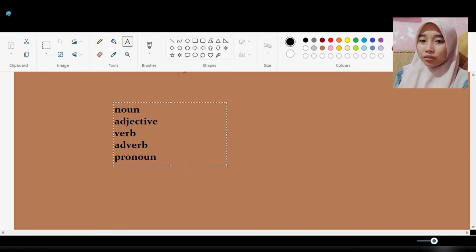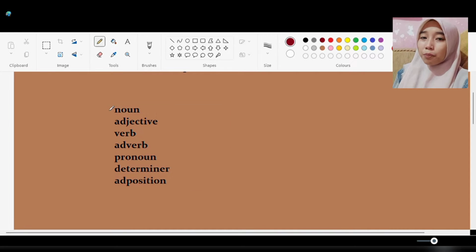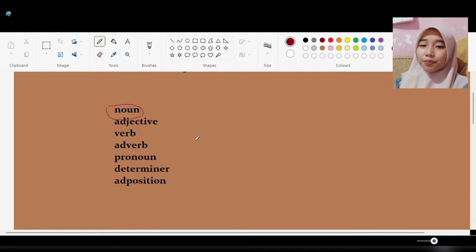So, a noun typically is some sort of person, place, or thing. As a subject in English, they are nouns. They pretty much have to be nouns, so cat, house, swimming pool, person, place, or thing. Adjective.